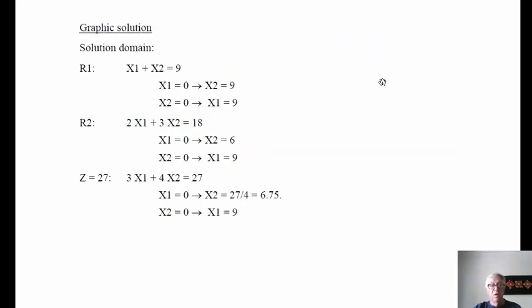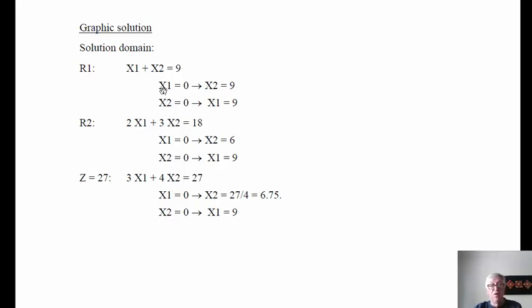To build the graphical solution, as you already know, we first need to identify the solution domain. This is something that we do by working with the restrictions. That is, we need to identify the boundary that each restriction defines. To do that, we just evaluate the points on the axes where the lines that define the restrictions cross.